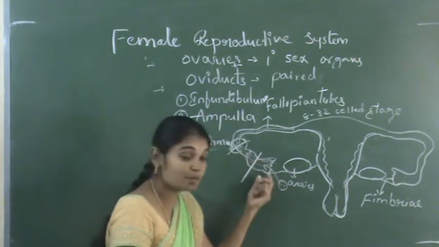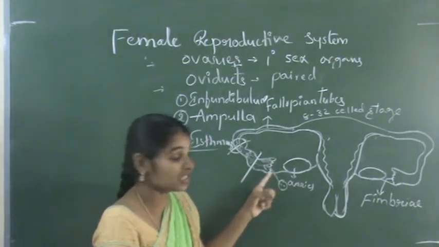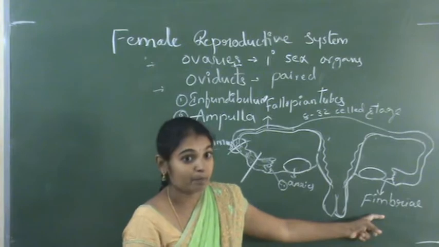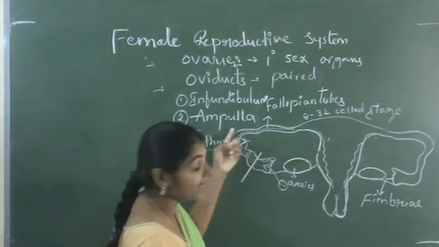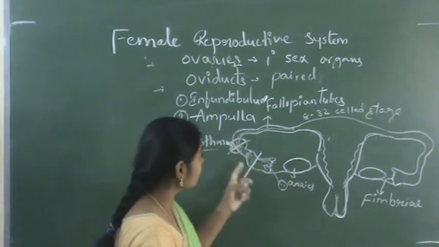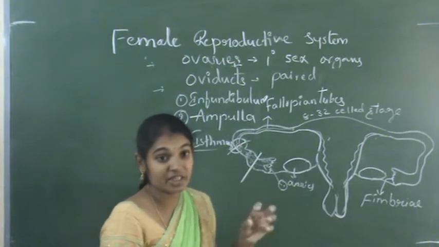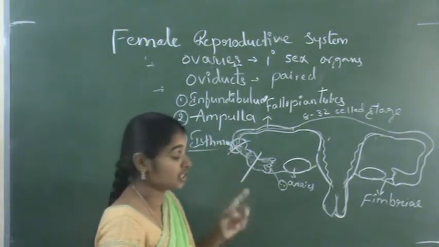Infundibulum, the first part, contains finger-like projections called fimbriae and collects the ovum from the abdominal cavity, then ampulla and isthmus. Fertilization takes place at the ampulla and isthmus junction.